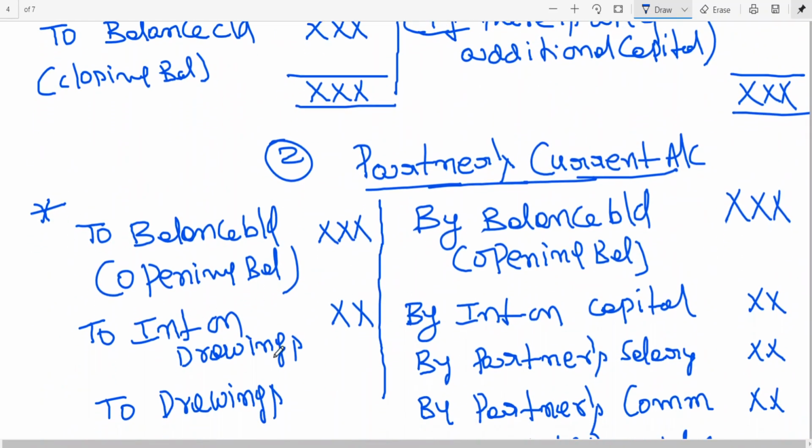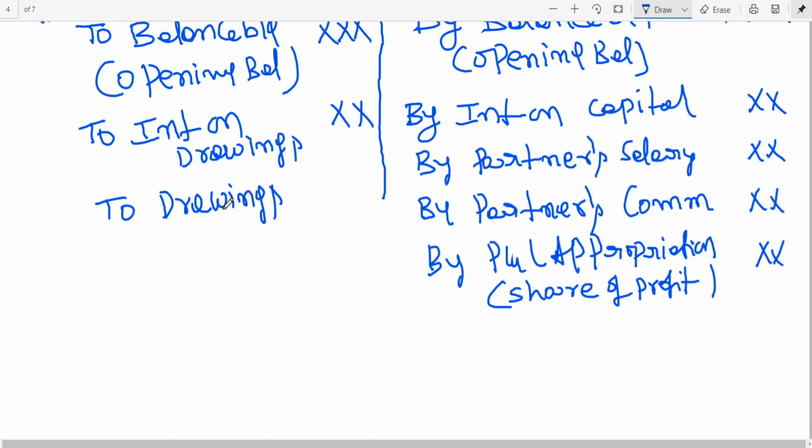For partner's current account, you will be creating a drawings account, because you know that during the year every partner may withdraw a number of times. So that is why they will open a separate account called drawings account. Whenever any partner withdraws an amount, he will be debiting drawings account, crediting cash account.